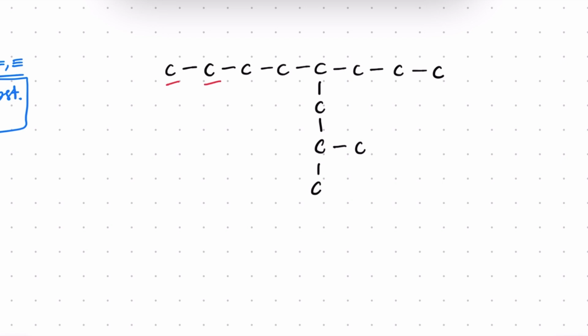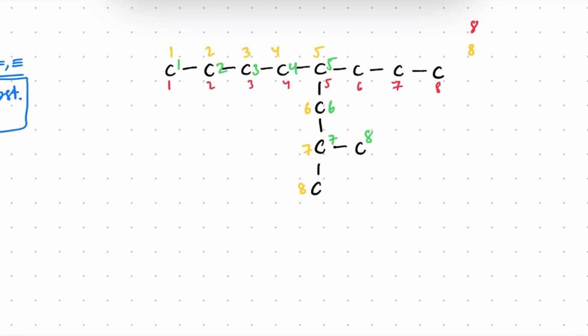There's one here, let's put numbers: 1, 2, 3, 4, 5, 6, 7, 8. So there's an 8-membered chain. But we've also got 1, 2, 3, 4, 5, 6, 7, 8. So there's another 8-membered chain. And we've also got this too. There's no space anymore. Okay, 1, 2, 3, 4, 5, 6, 7, 8.